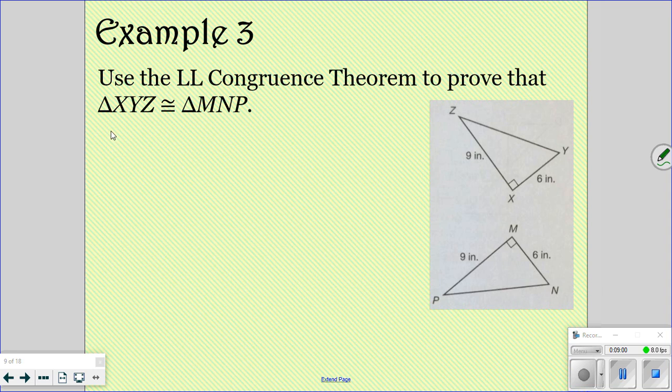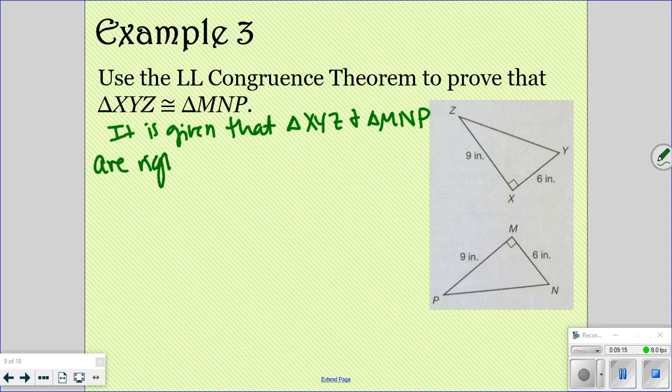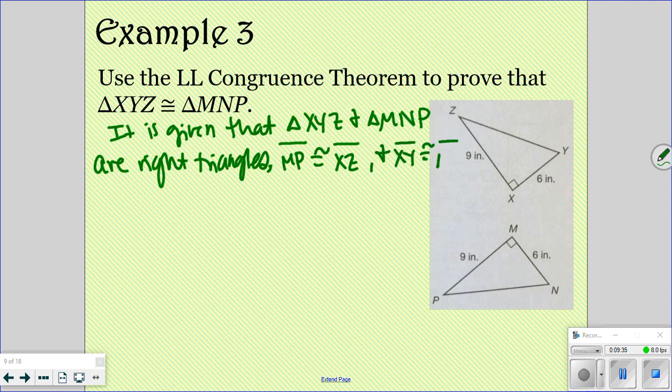So it is given that triangle XYZ and triangle MNP are right triangles, that side MP is congruent to side XZ, and side XY is congruent to side MN.